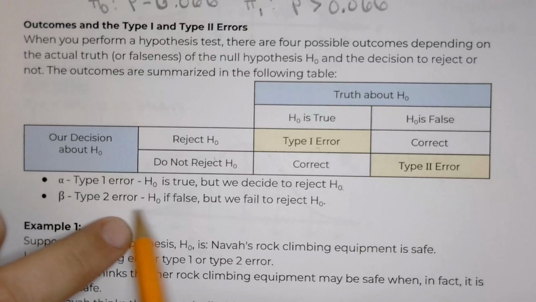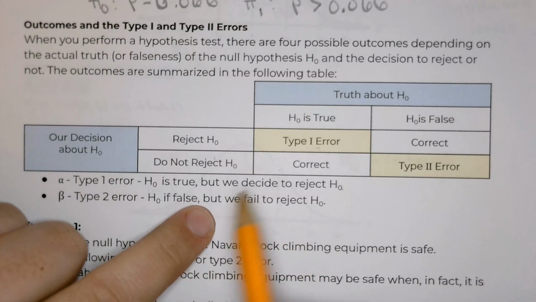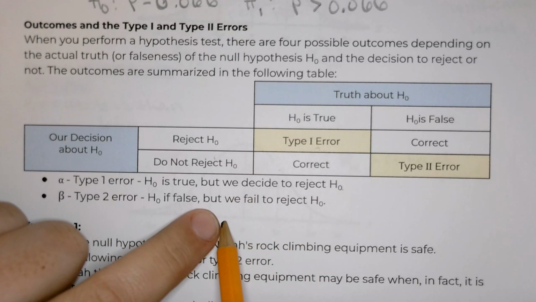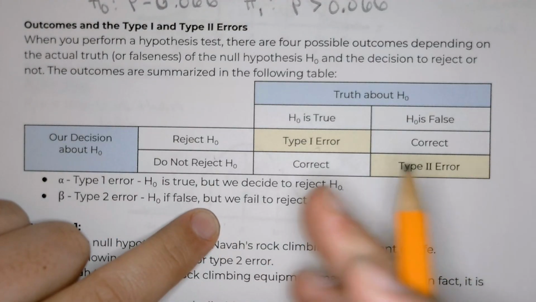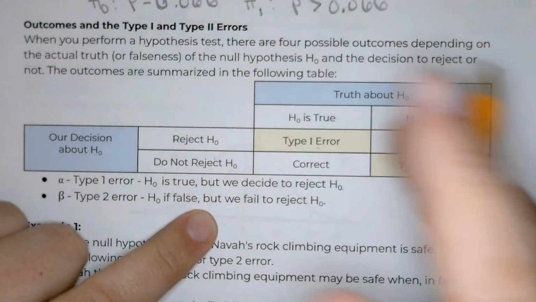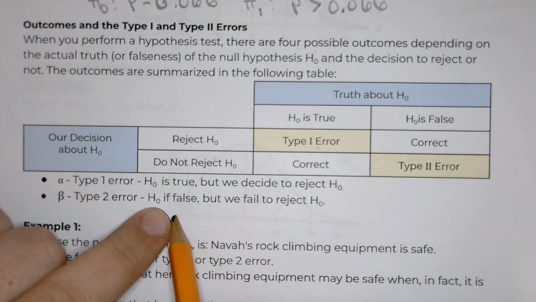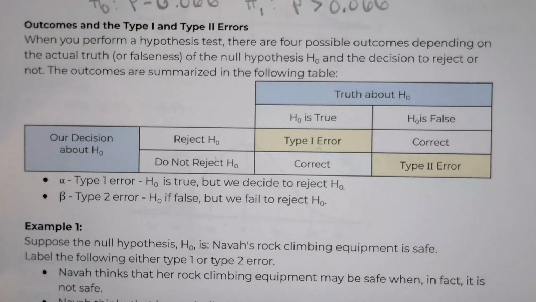Now, the second type of error is if your null hypothesis is false, but when we do our test, we fail to reject it. And this could be because of any reasons: our test wasn't set up correctly, we gathered a sample and it was biased. It could be anything, but it was false, and we failed to reject it. That's a type 2 error.